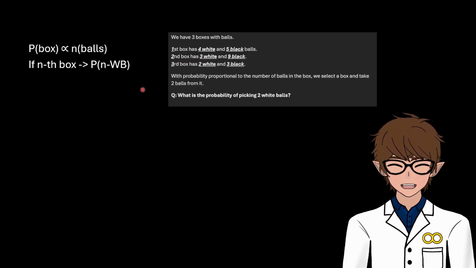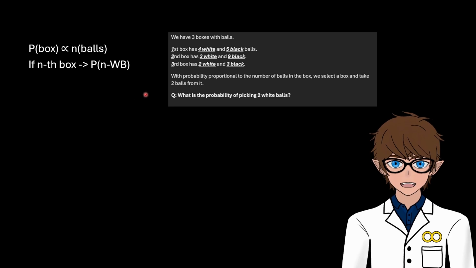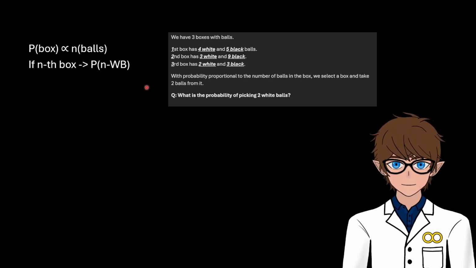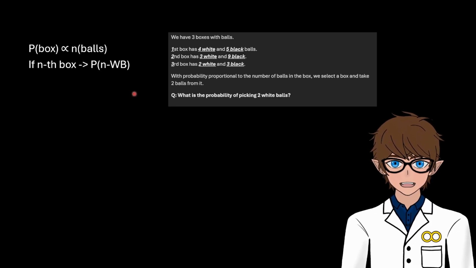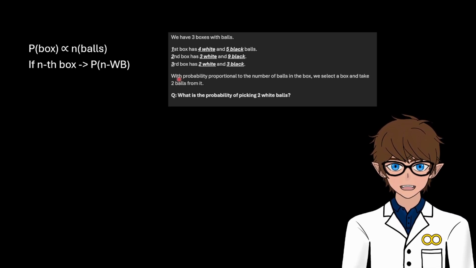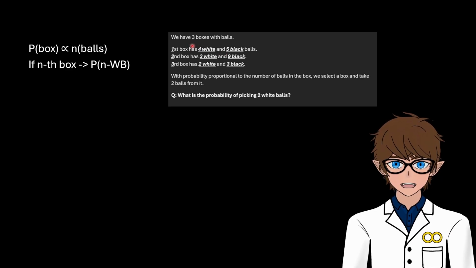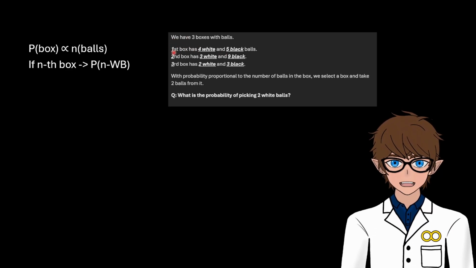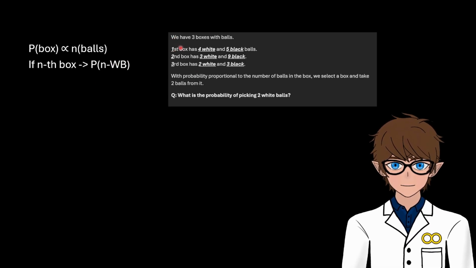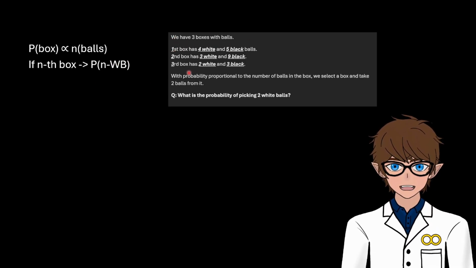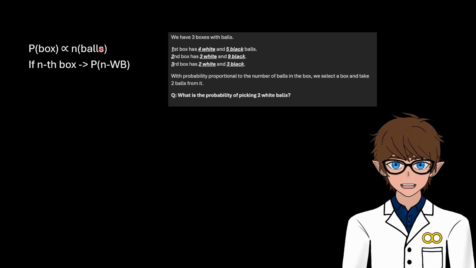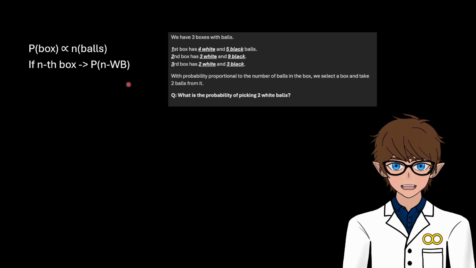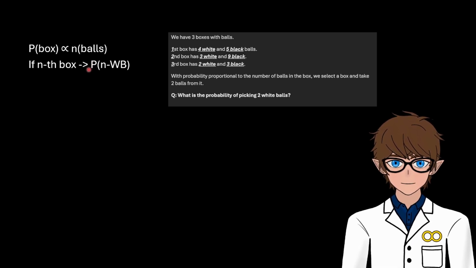Since picking the box and taking the balls out are basically a sequence of events, we multiply the probabilities, because you have to pick the first box to apply the probability of getting 2 white balls of the first box, kind of like throwing a die, and if it lands above 5 you roll again. So like that, I guess that's how I would explain it. Basically, you have to pick the box first for the probability of 2 white balls being taken out to come into effect. So all of this is important to know.